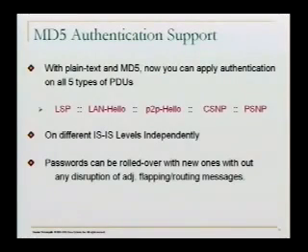So there is flexibility, and it also allows you to choose which level you want to apply it to, whether only level 1, only level 2, or all the levels. And if you have the authentication, then the passwords can be rolled over without any disruption of the adjacency, flapping, or routing messages.